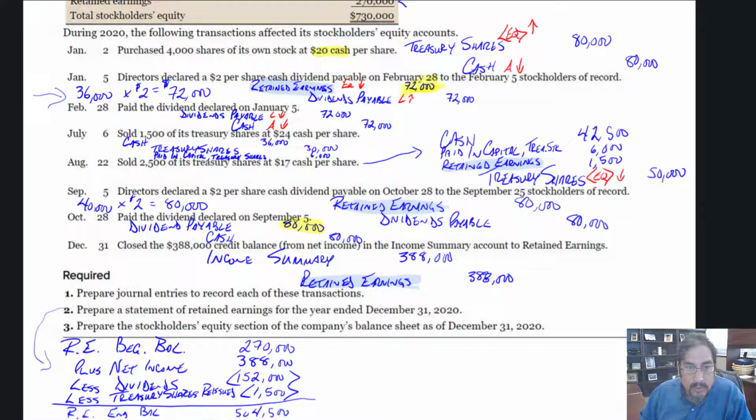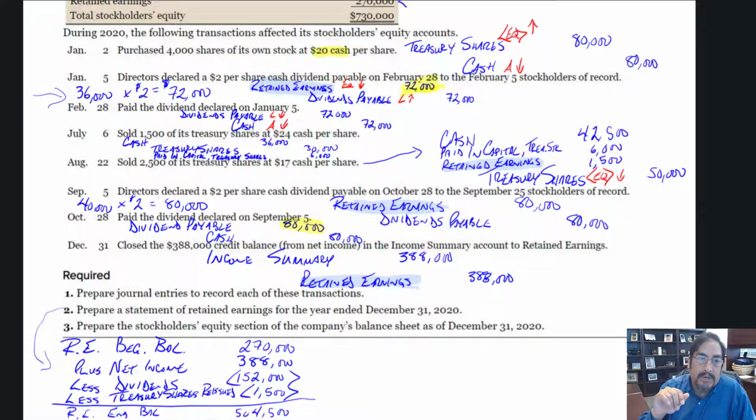So the stockholder equity section is going to show our ending balances in the paid-in accounts, but here we've got common stock and paid-in capital in excess of par value common stock. We would also put in treasury and the paid-in in excess treasury, but we wiped both of those out.